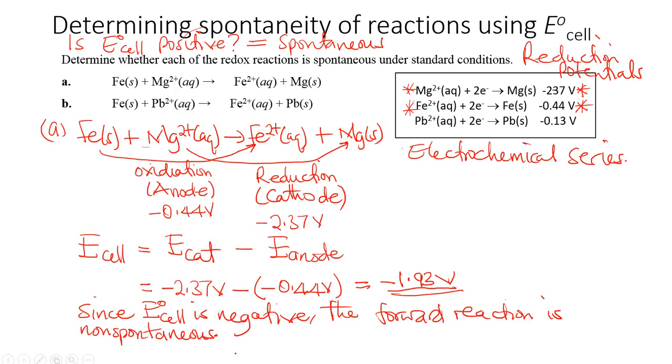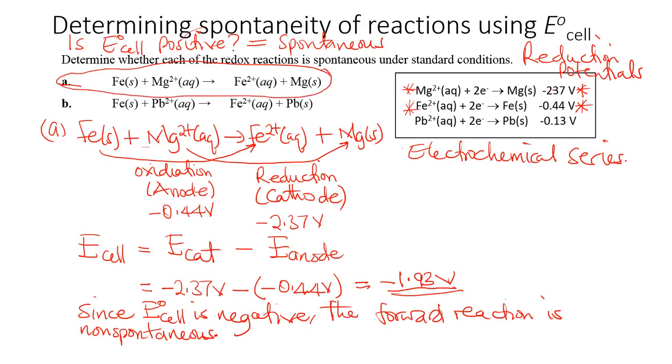So the forward reaction is non-spontaneous in this case, but the backward reaction can occur. But in this case we have a non-spontaneous reaction because the E cell is negative. So that is for A. A is a non-spontaneous reaction. It will not occur.